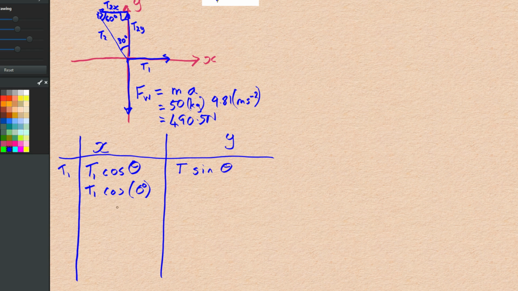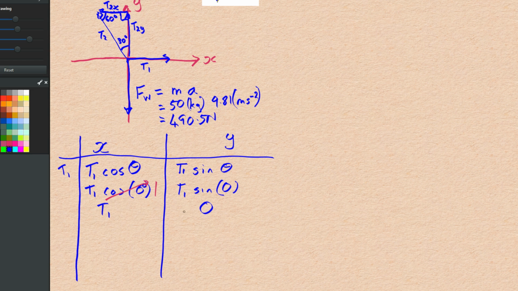And that answer will be that cos of 0 equals 1. Although you wouldn't write that on yours, you would just work out what that value was, which will be 1 lot of T1. T1 sine theta, T1 sine 0 degrees, sine of 0 is 0, so the y component here would be 0.